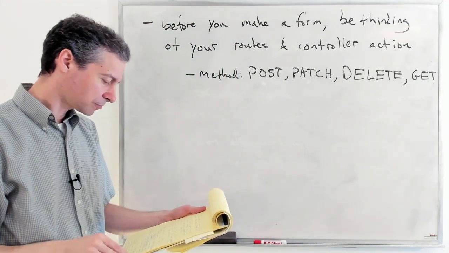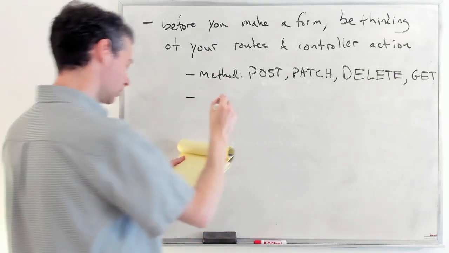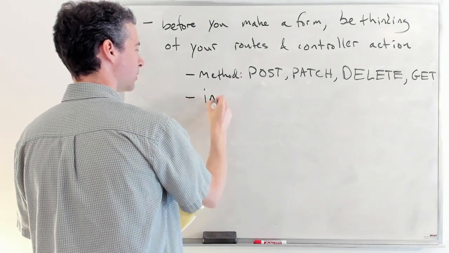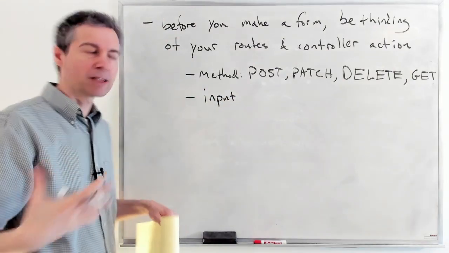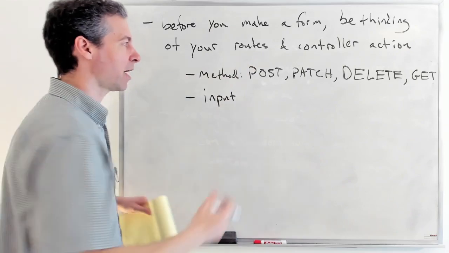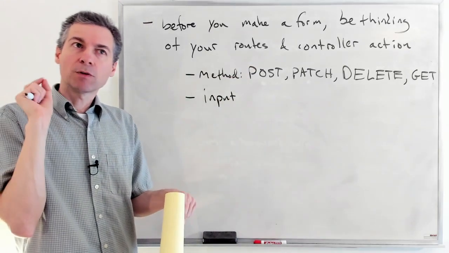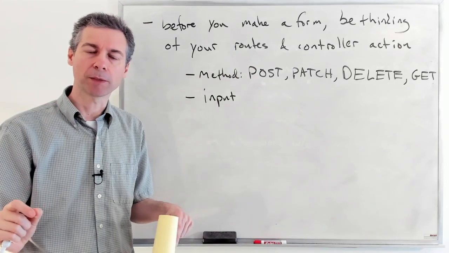All right. So you should also be thinking of the input that the form is going to be generating. And how do you know that? Well, again, you're going to be thinking about your routes and this controller action, okay? That's all tied together. And remember, it's like a method in the program.